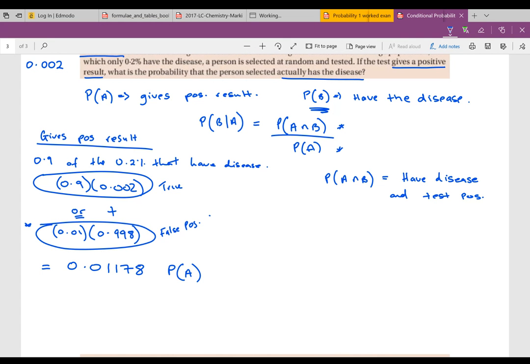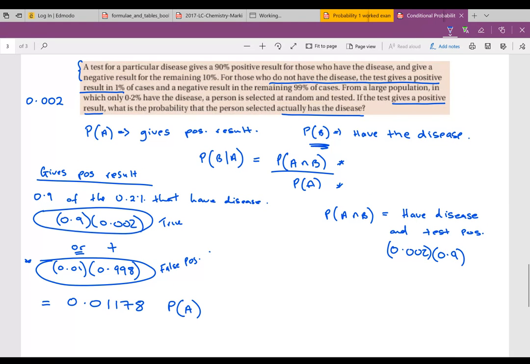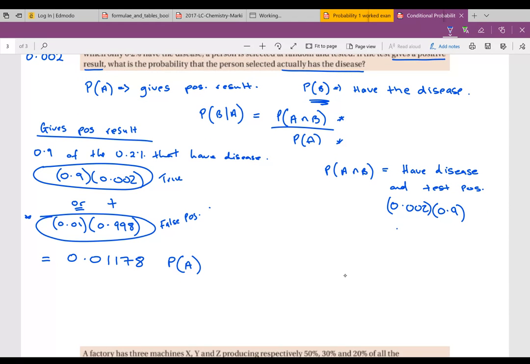So the probability of people that have the disease and test positive would be 0.002 have the disease, and the probability that they test positive is the 0.9. So if they have the disease, you're told here that there's a 90% positive. So that is 0.0018.